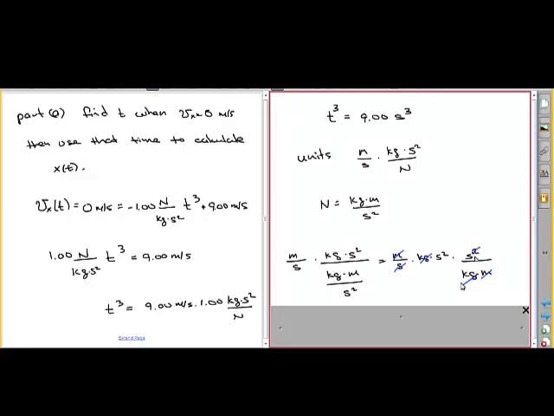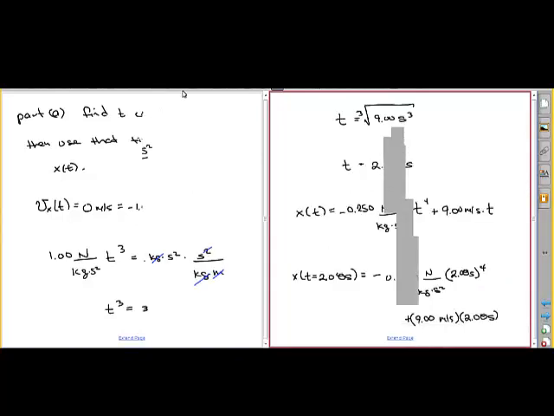Kilograms cancel out. One of the seconds cancels out with this exponent. Meters cancel out. All I'm left with is seconds squared times seconds, which is seconds cubed. So that's what I expected, so I'm going to do it right.